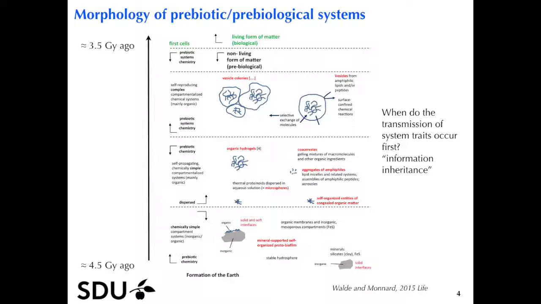At some point, these systems have to become dispersed. That's a big step, actually, to maintain stability and integrity of the system in the dispersed phase. This is a big trouble, a big transition. But still, these are very simple things that don't look like a cell.